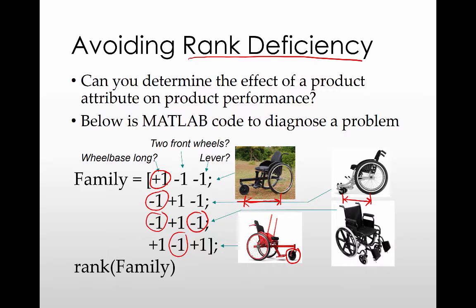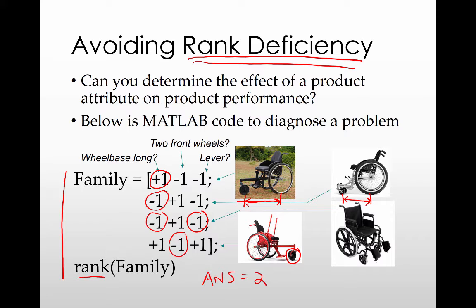Now, this particular set of text that I've put on the slide can be evaluated in MATLAB, and you compute the rank of the matrix family, and you'll find the answer that it comes up with is 2. The rank of this matrix is less than the number of columns in the matrix, so it has a rank deficiency, and that has an impact on our ability to make inferences from this product family.